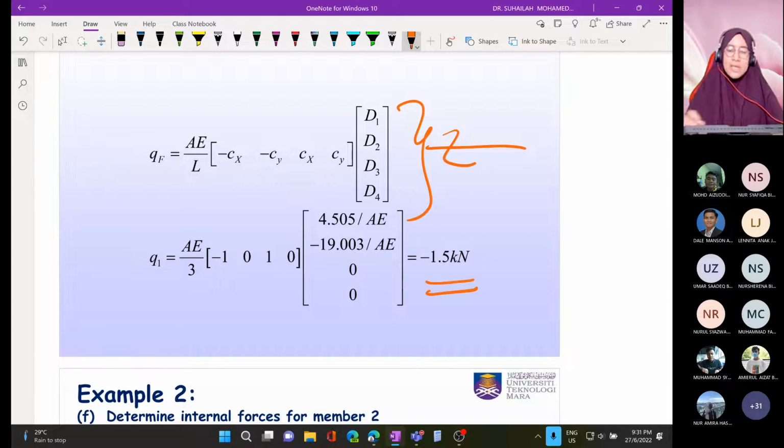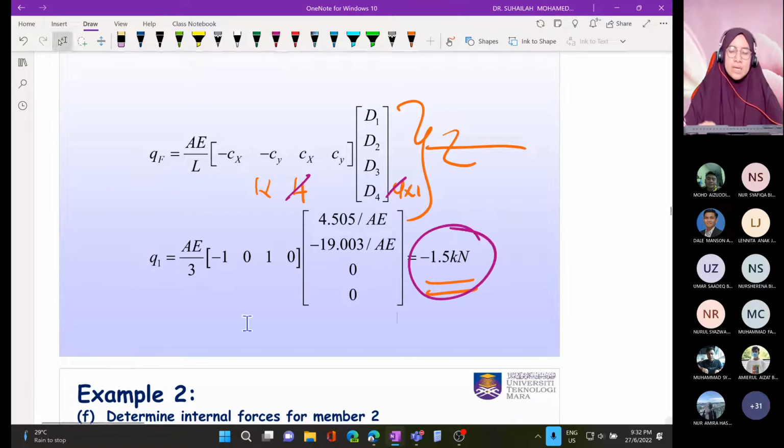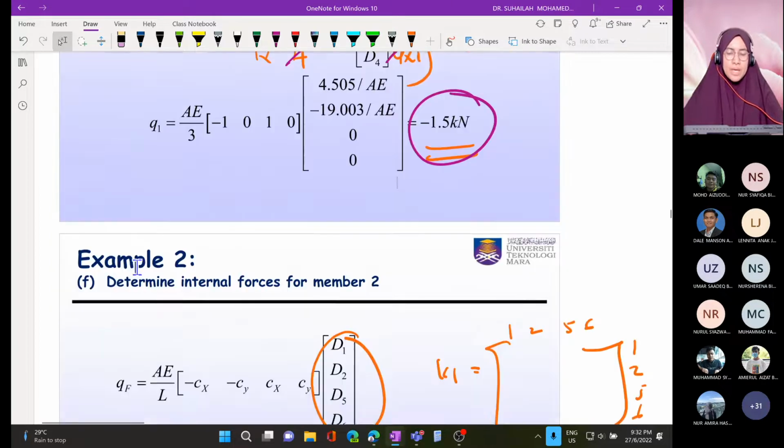It is a single value because it is a matrix 1 times 4 and 4 times 1. So when we multiply this, we get 1 times 1, a single value. This one I did not discuss in detail, later you watch the video.